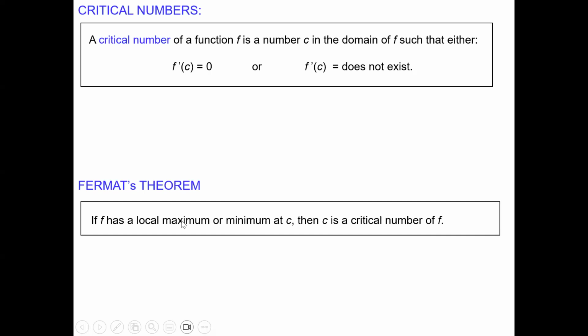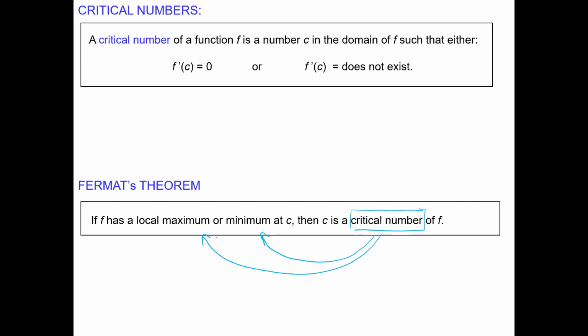We found points where the function had a local maximum or local minimum, and these values are called critical numbers. But please notice that the converse of this theorem is not true. If a function has a critical number at c, then we don't know.